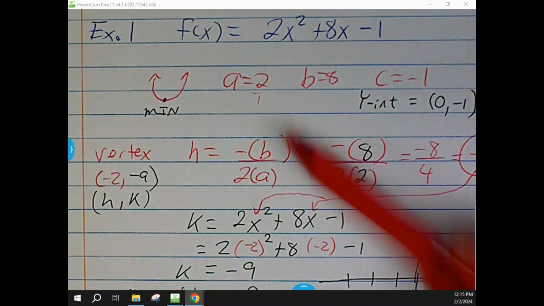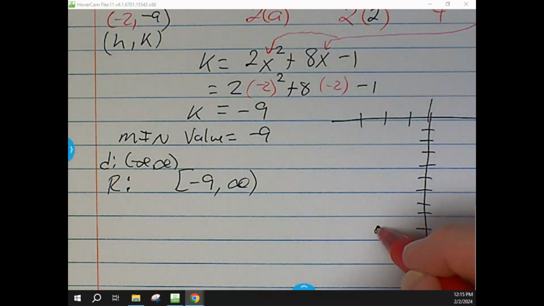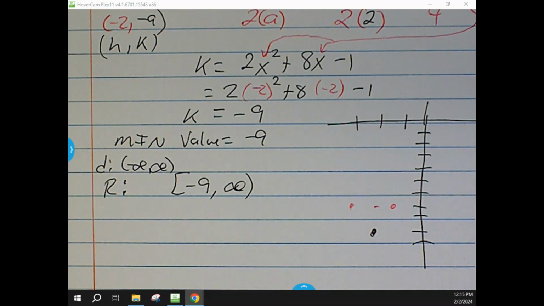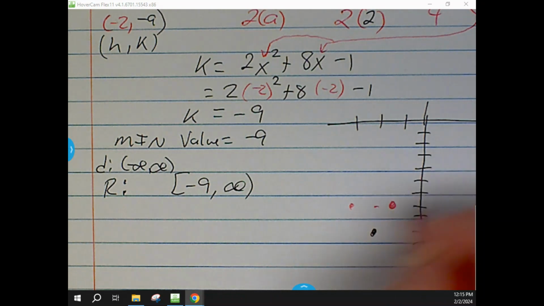And again, we know the a value was 2. So to get to the next number, we're going to go up 2 and over 1. Up 2 and over 1. And there's our U-shaped graph we're looking for right there. Just ignore that dot in the middle. That was me when I put my pen down. So there's our point, and then there's our point.